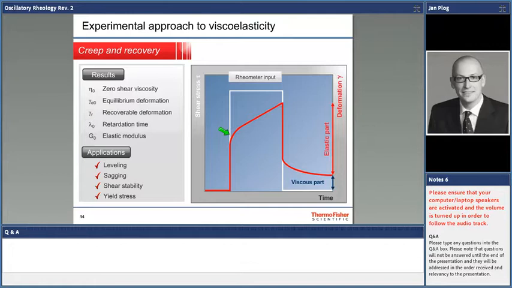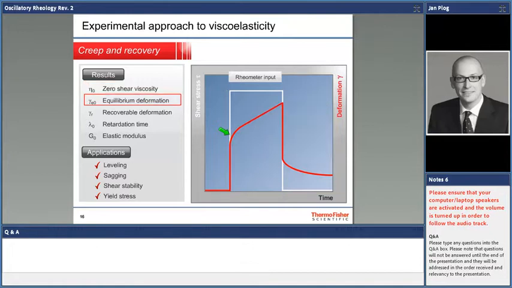So what a lot of people do is they do a creep and recovery test, and now just by calculating the zero shear rate via the slope in the viscous flow regime, and by the stress that you apply, you can calculate the zero shear viscosity. Okay, for extremely shear thinning fluids, that is a huge advantage actually, and it's a very quick approach also.